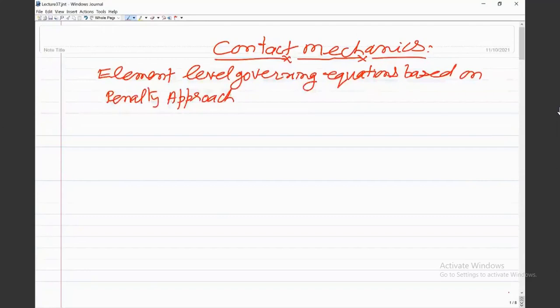And we are going to consider the same assumptions which we considered in the last class.